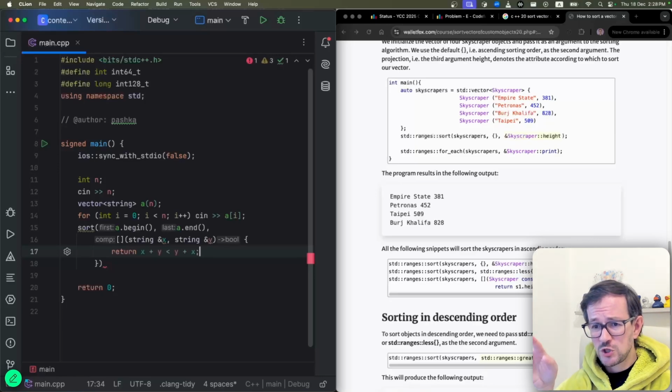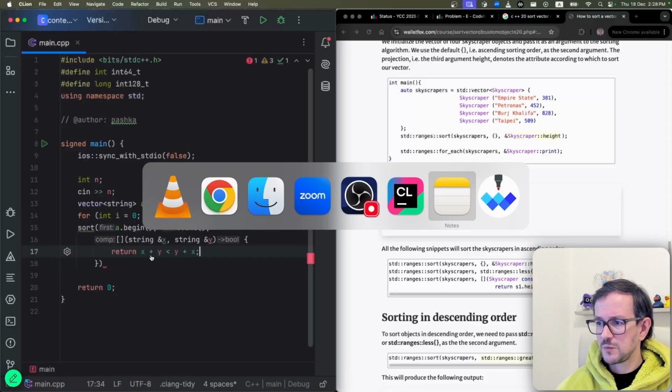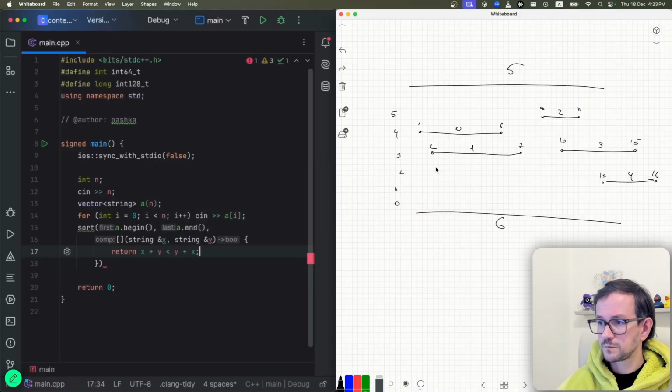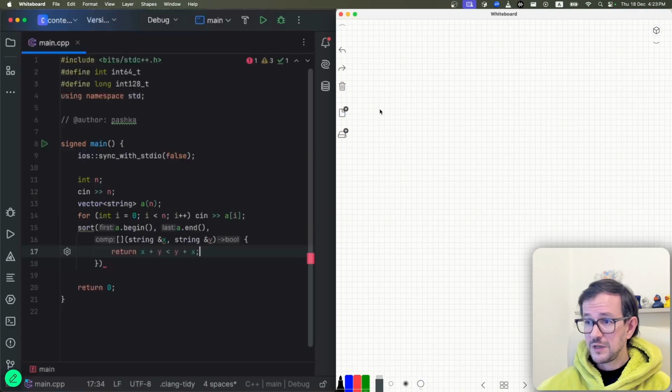So if you change the order of consecutive strings, the result must be greater or equal, because you have the minimal possible. Again, let me draw some picture for you. So in the result, you have some strings in some order.